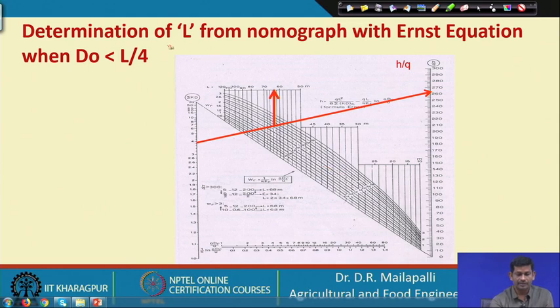So, L can be determined from the nomograph using the Ernst equation, when D naught is less than L by 4. So, what is D naught?